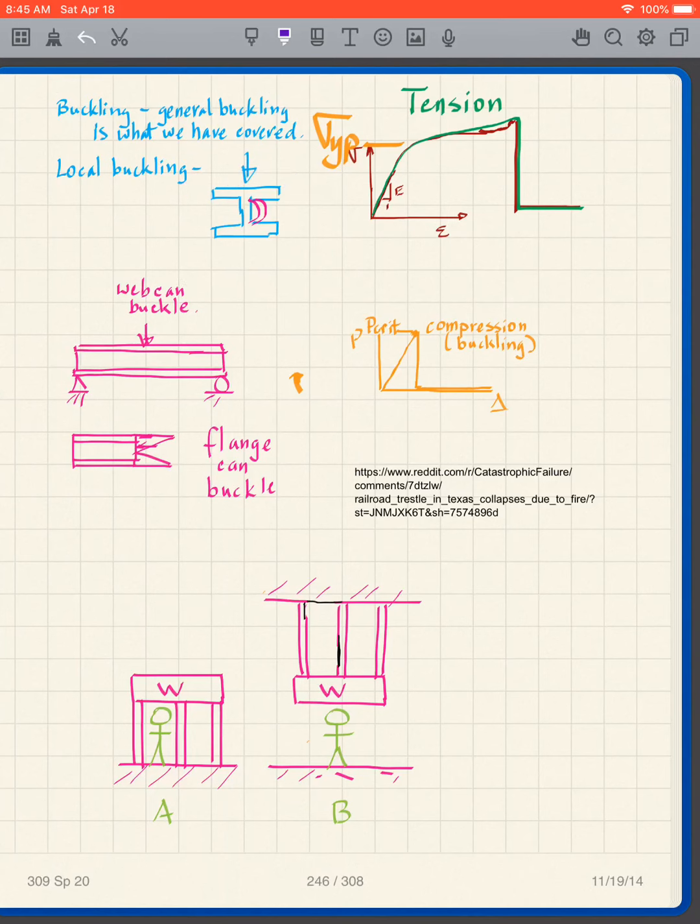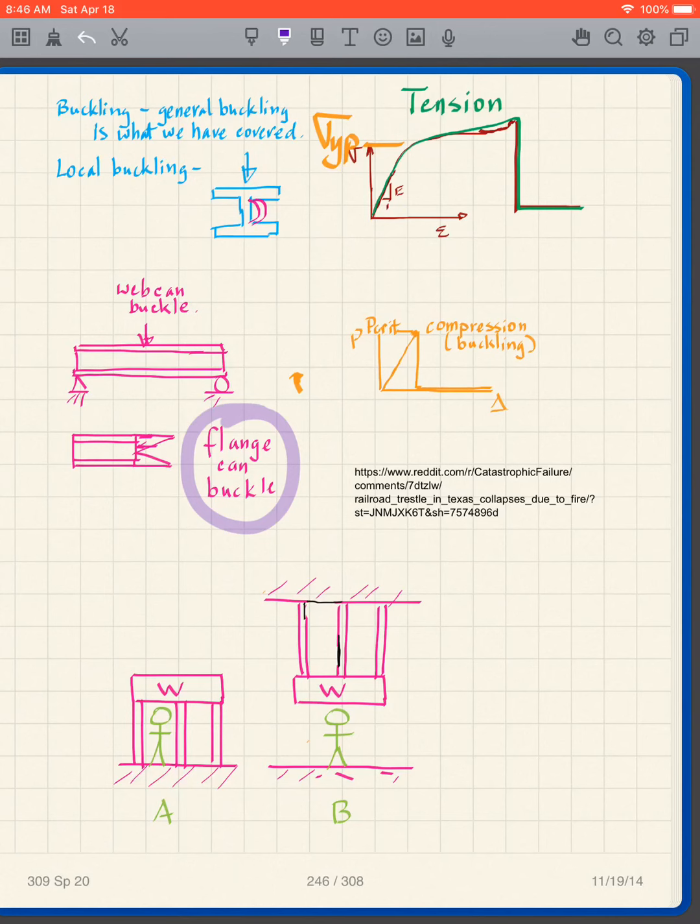What can happen if we apply a load like that? Well, suddenly the web is a compression member in a sense, and we can get buckling of the web. The flange can also buckle.